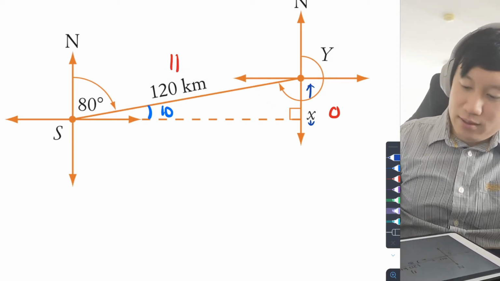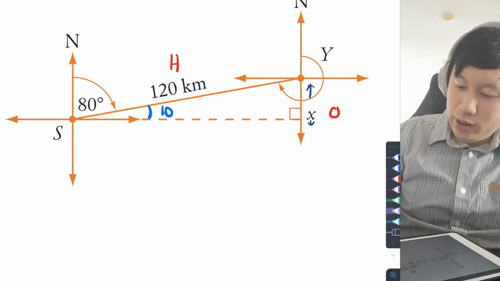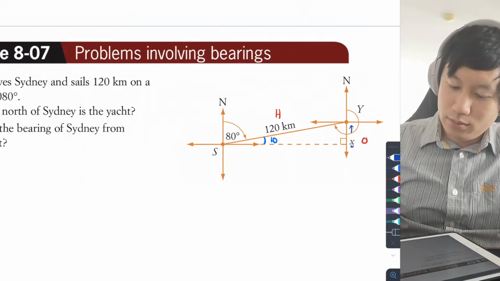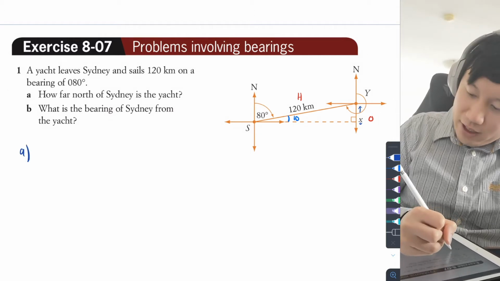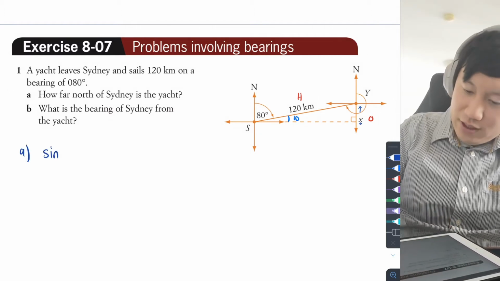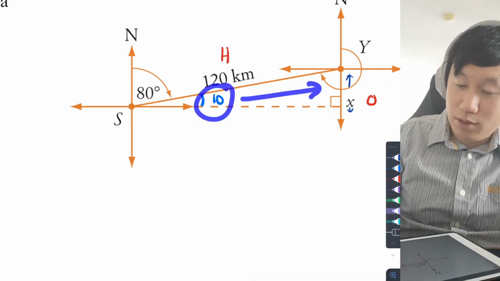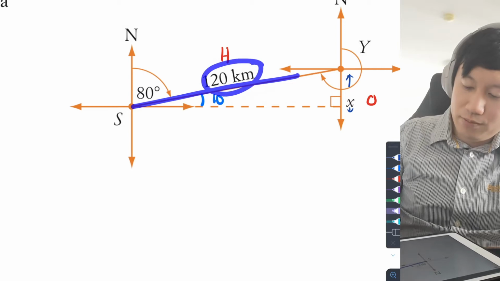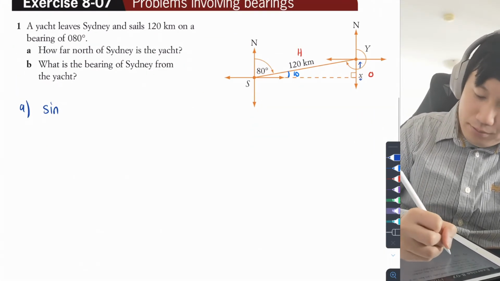So using SOH CAH TOA, we know that O and H involves the sine ratio. So sine of this angle, which is 10 degrees, equals the opposite, which is x, over the hypotenuse, which is 120. So let's write that down: x over 120.